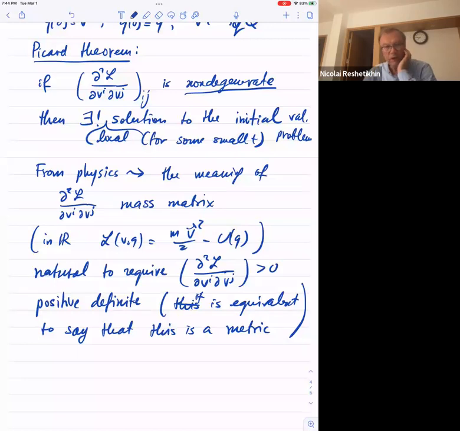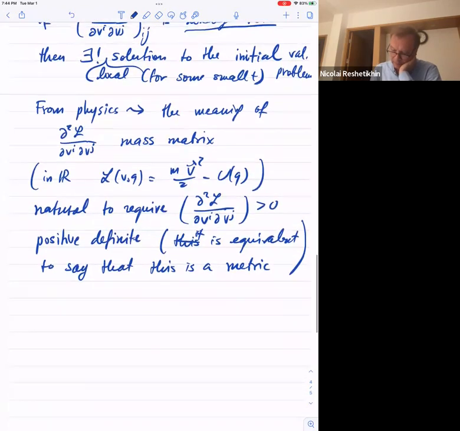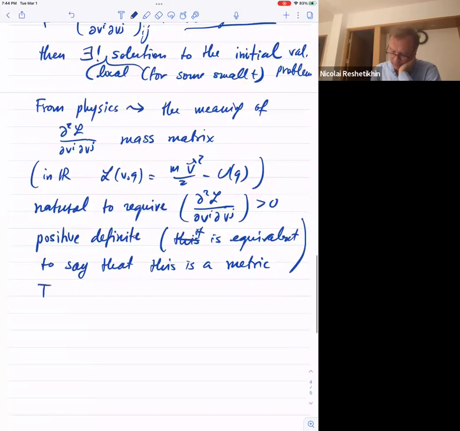There is just this function L. Okay, so this is the usual assumption in Lagrangian mechanics.